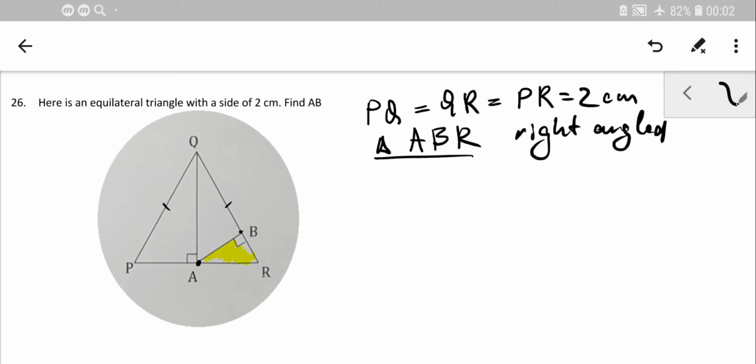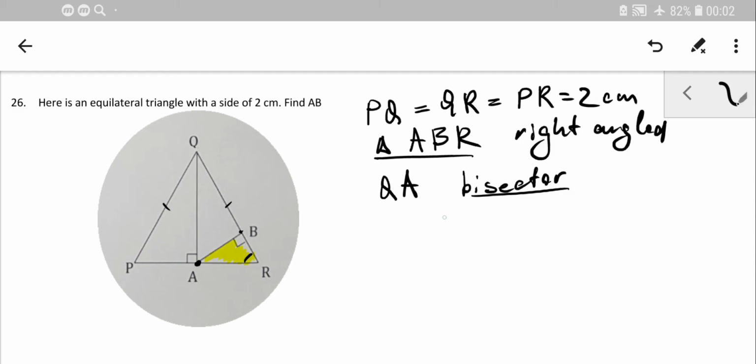We probably know that QA, by theorem, is a bisector that bisects the angle APR.